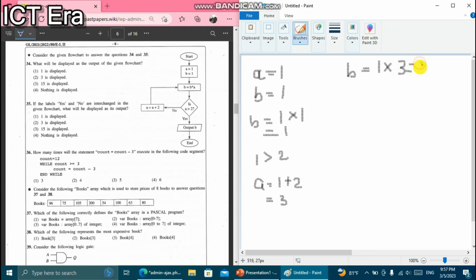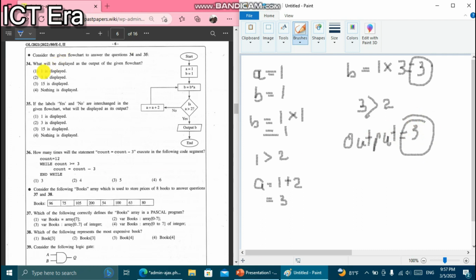How much then? 3. Now A value is 3. Is A greater than 2? Yes. Now we have to stop this flowchart. So output B. What is the output of B? What is B? 3. Then the output of this flowchart will be 3.